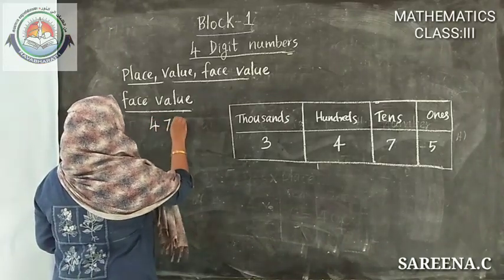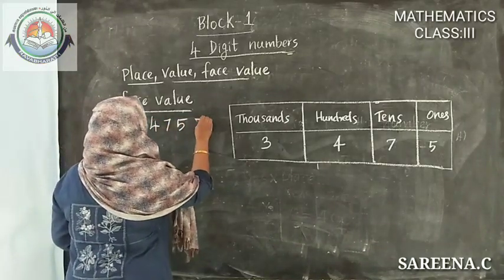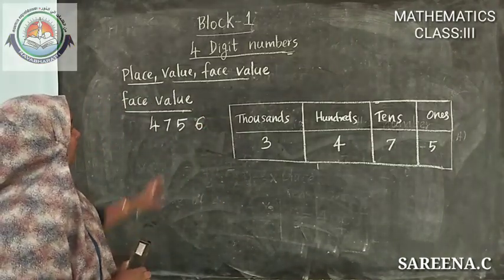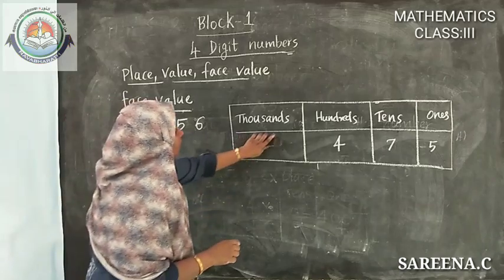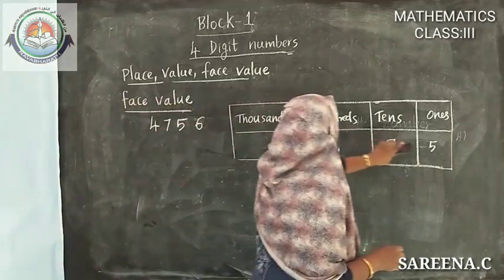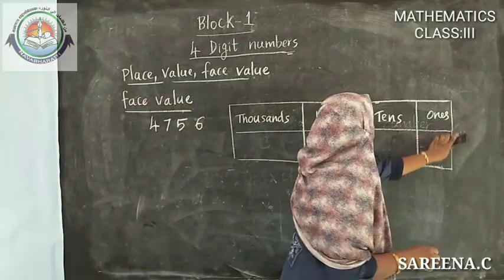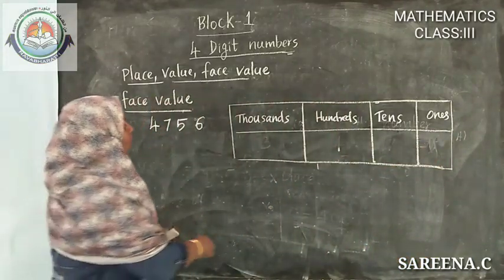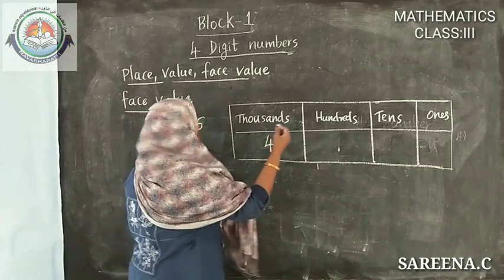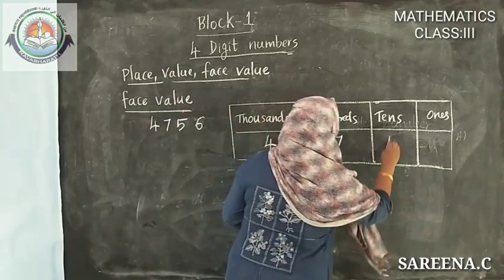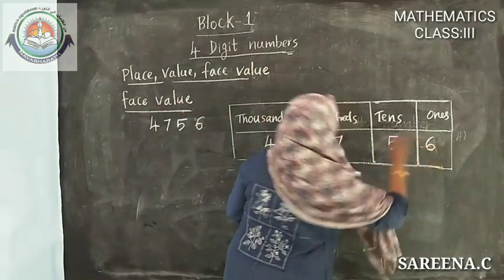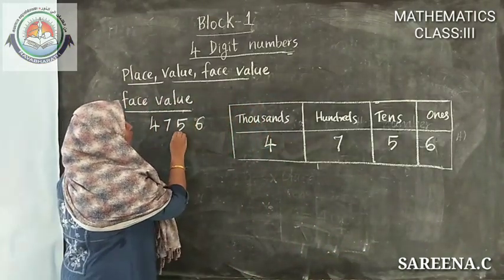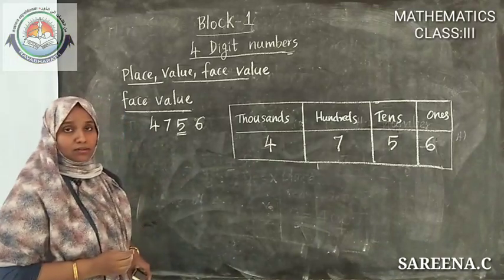4, 7, 5, 6. Okay. And here the place value chart, the numbers will change. What is the face value of 4 here? 4, 7, 5, 6. Okay. And what is the value of 5 in this number?